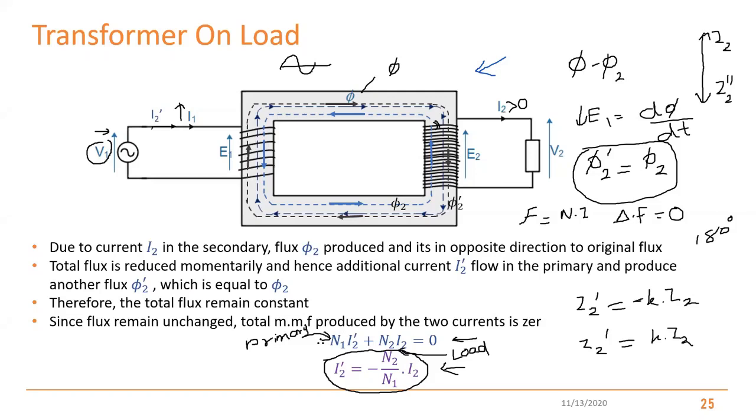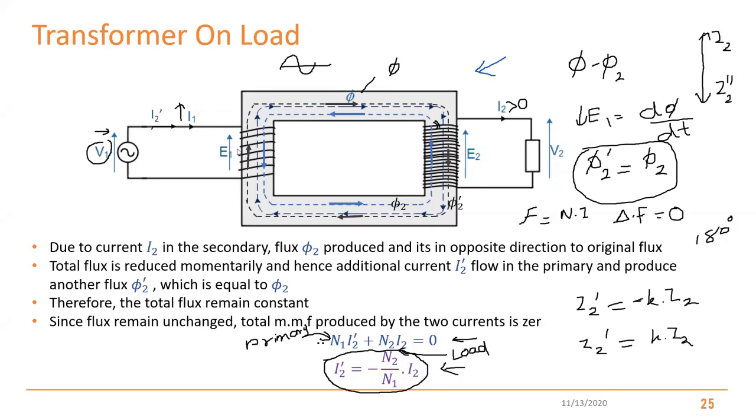When it drops, according to Faraday's law, the induced EMF in the primary reduces. When the induced EMF E1 reduces, the current I1 increases. That means there will be additional current I2 dash flowing into the primary circuit.